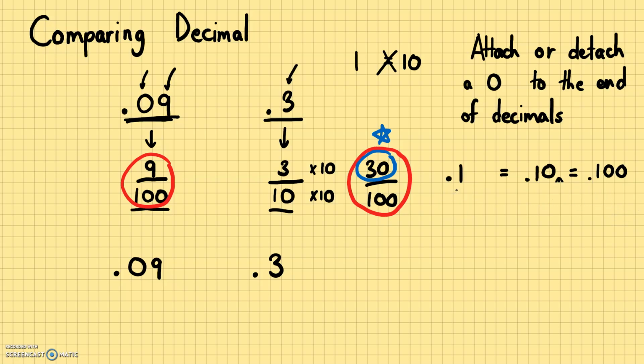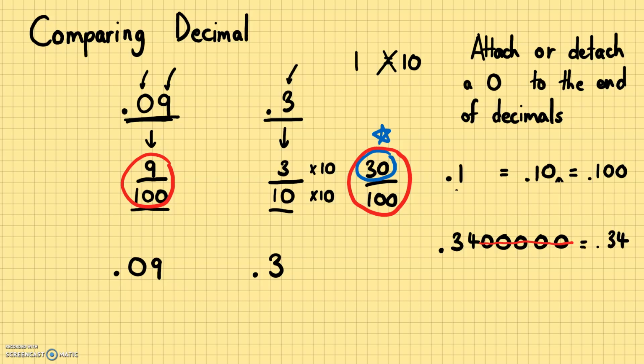If you have a really long decimal number with a lot of zeros at the end, you can just ignore all these zeros at the end of the decimal. So 0.340000 is exactly the same thing as 0.34.